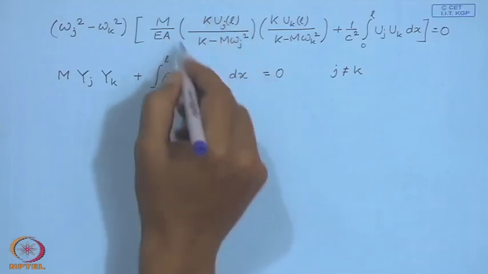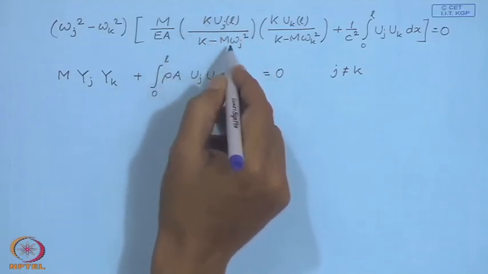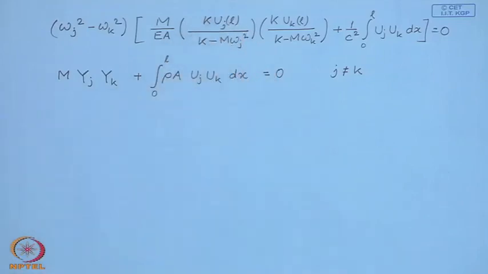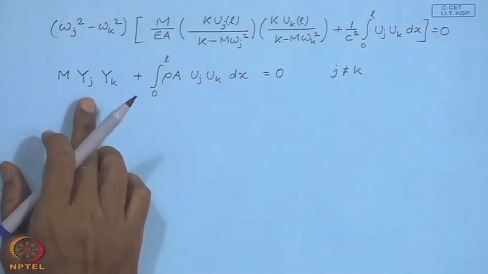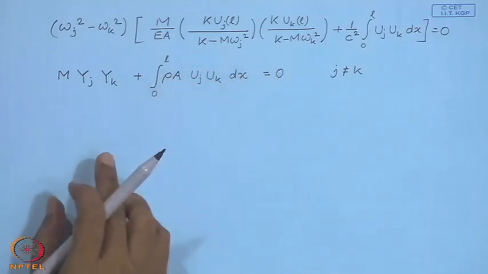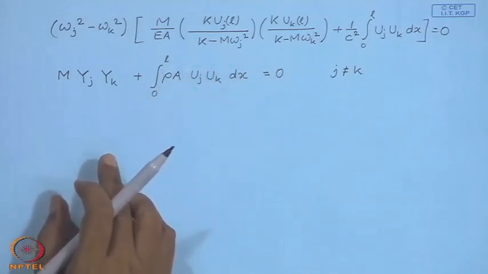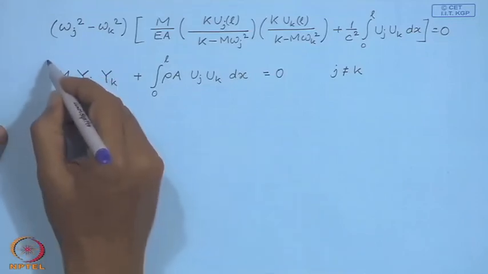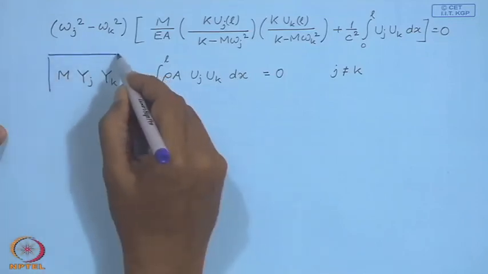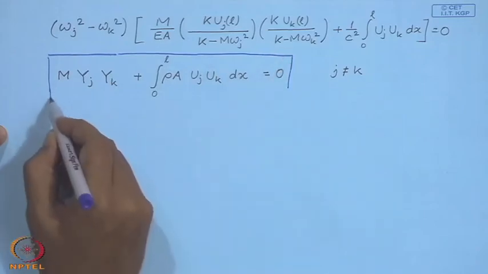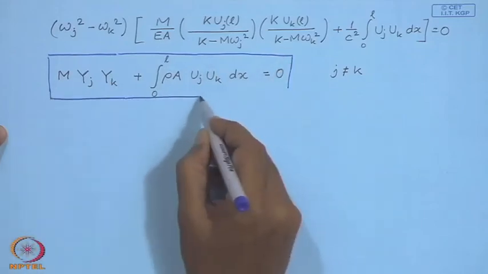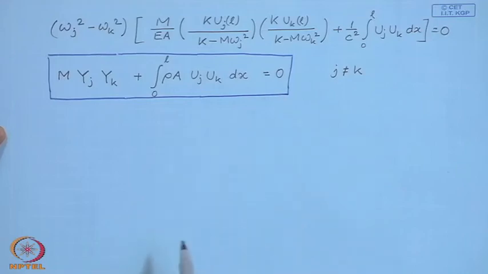Here I have replaced these quantities by y j and y k, for which we have obtained these expressions before. So, this is our inner product.